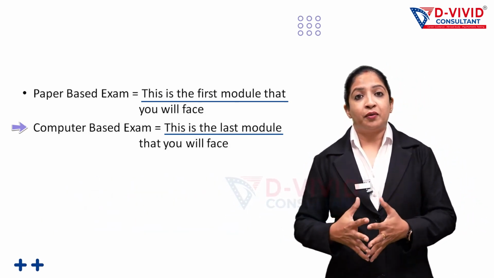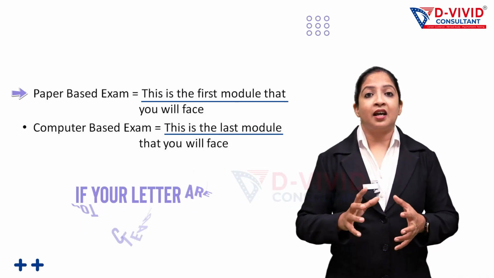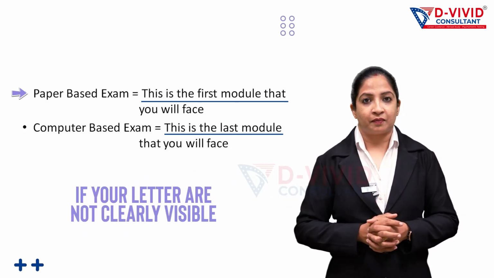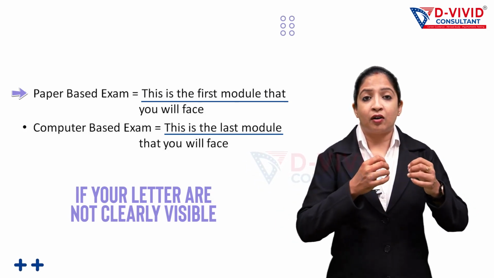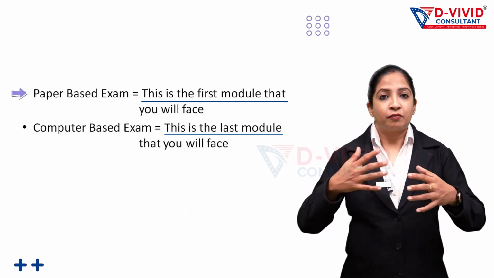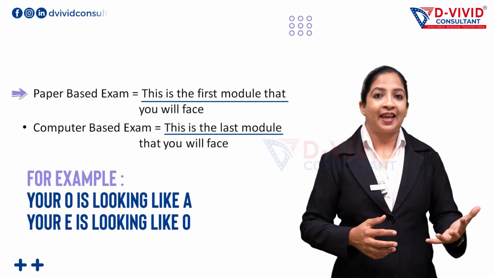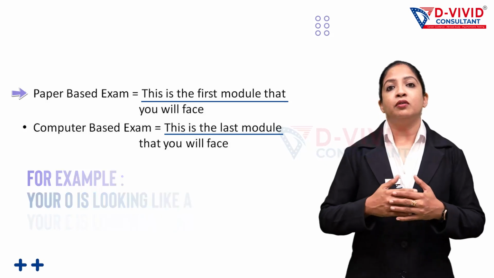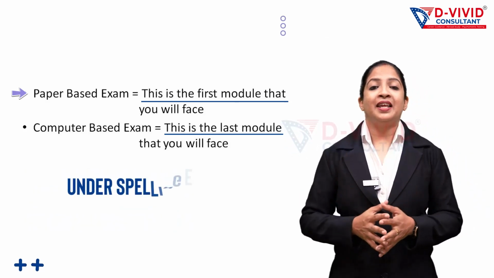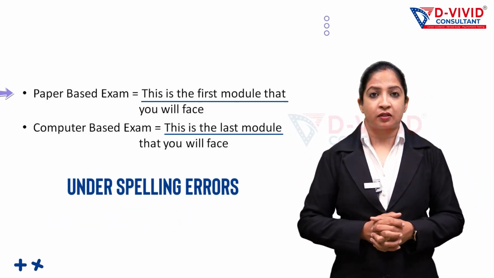Because if you are giving paper based, if your letters are not clearly visible, and not looking as they should look, for example your O is looking like A, your E is looking like O, so definitely you are going to lose your bands under spelling errors, meaning lexical resource.